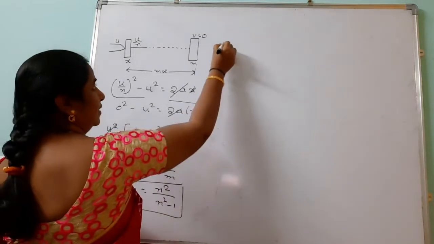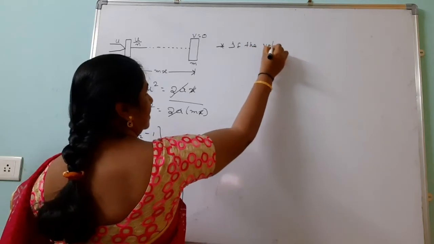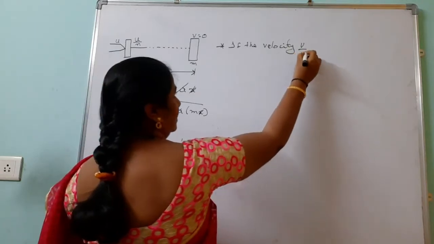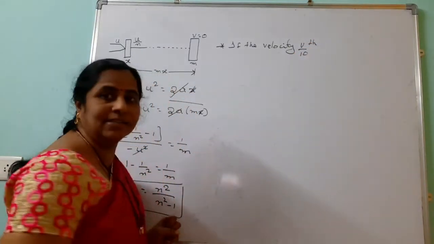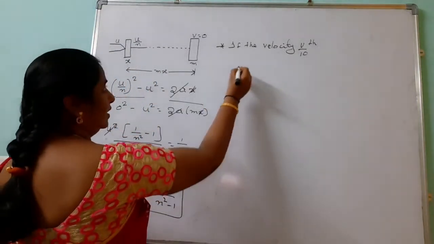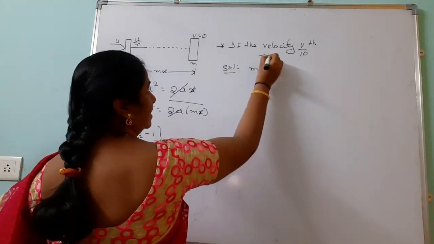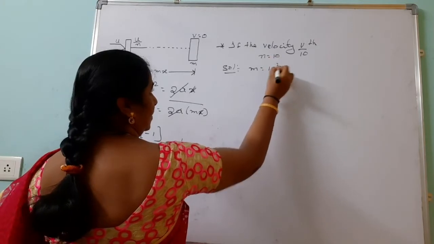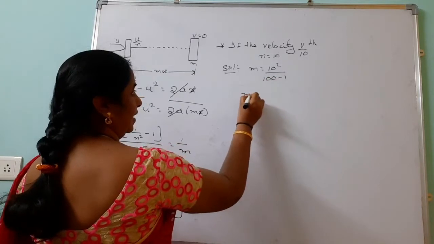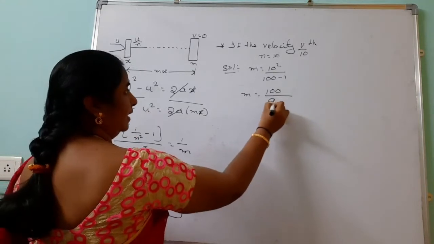Now we are going to discuss one problem based on this. If the velocity becomes 1 by 10th of its initial velocity, how many planks are required to stop it? Directly we can go for m equals n square by n square minus 1, where n equals 10: 10 square by 10 square minus 1, 100 by 99.